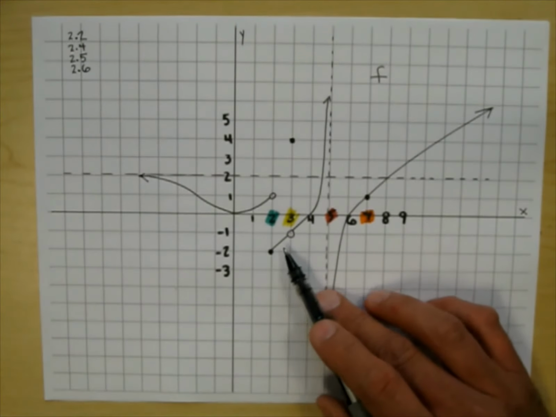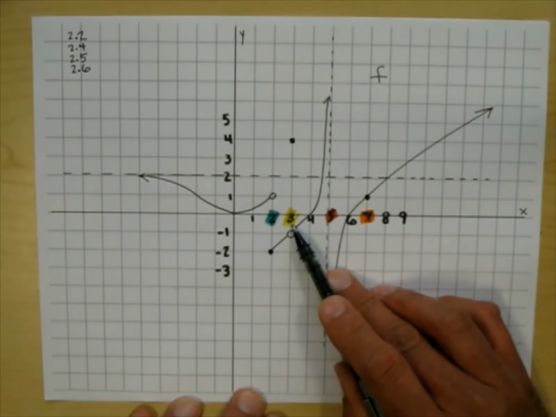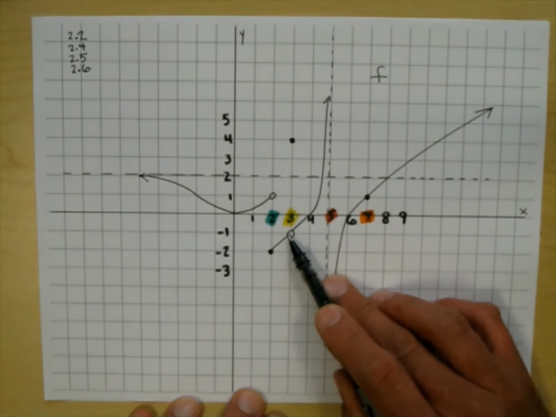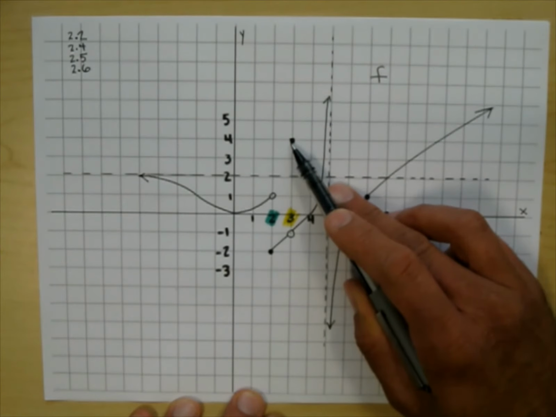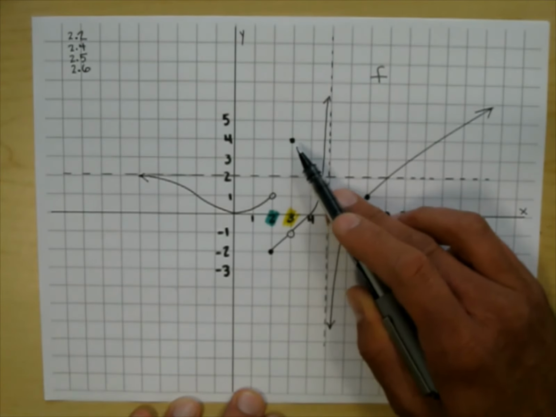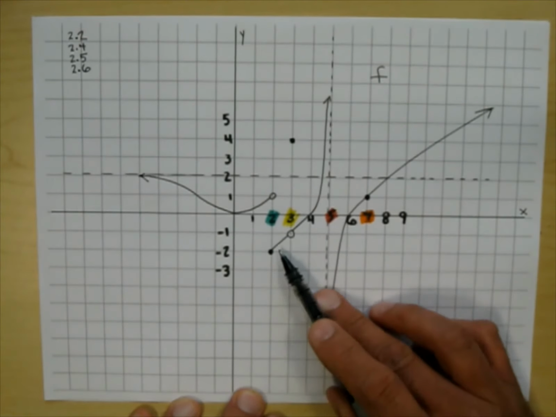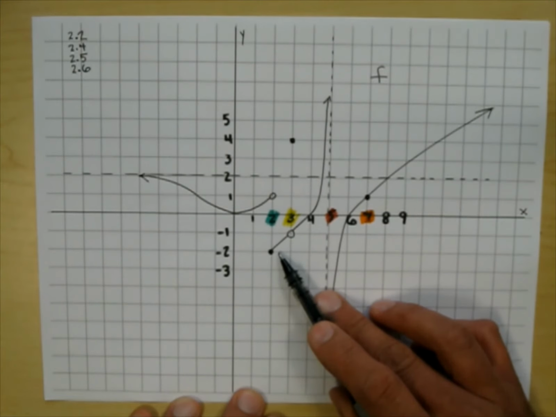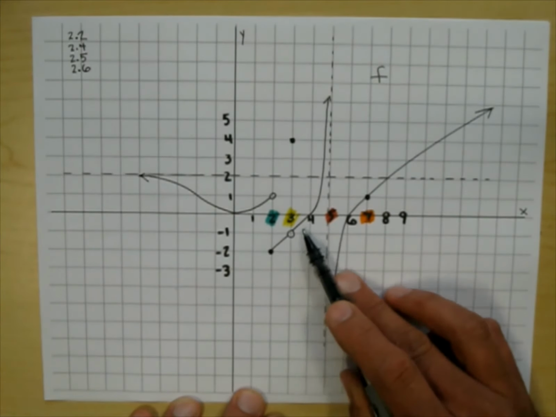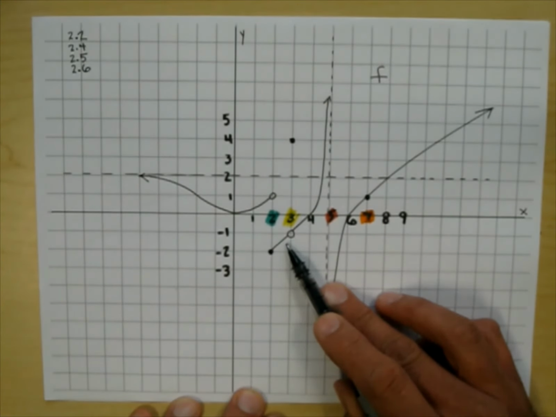Okay, what about 3? Why is it discontinuous at 3? Does f of 3 exist? Yes, it does. It's up here. Now, if that point wasn't up there and f of 3 did not exist, we would just say, okay, f of 3 DNE. But it does exist. Does the limit exist? And yes, you can look back. The limit as x approaches 3 is -1. So f of 3 exists, the limit exists.